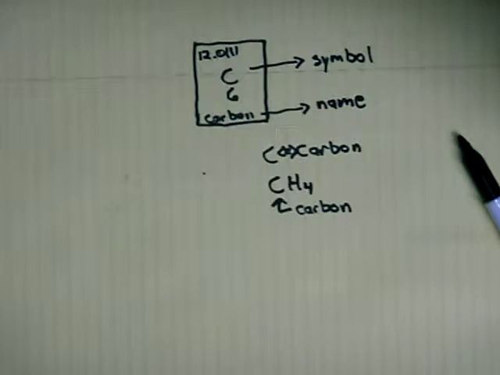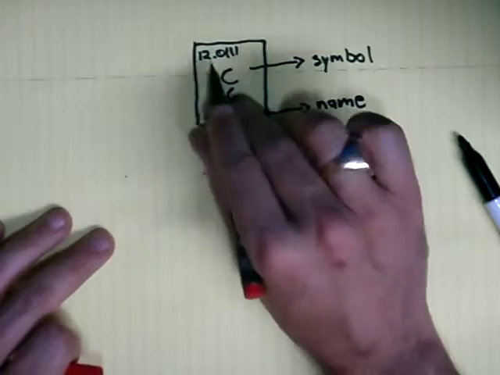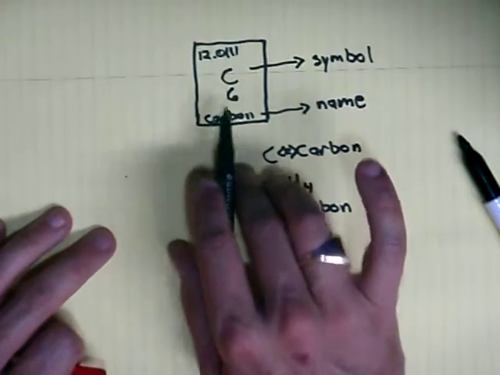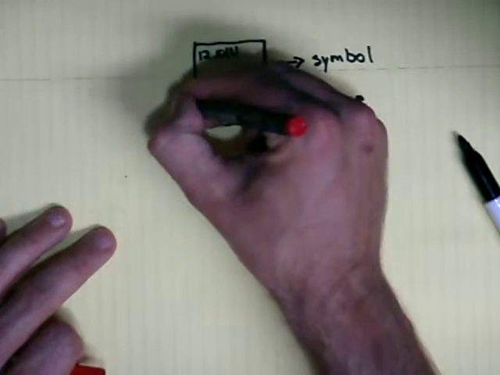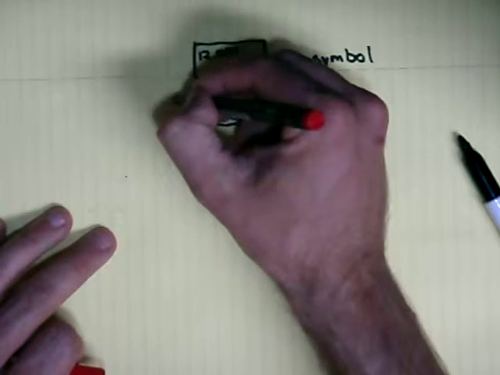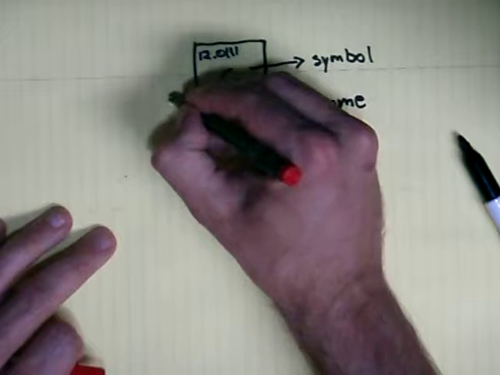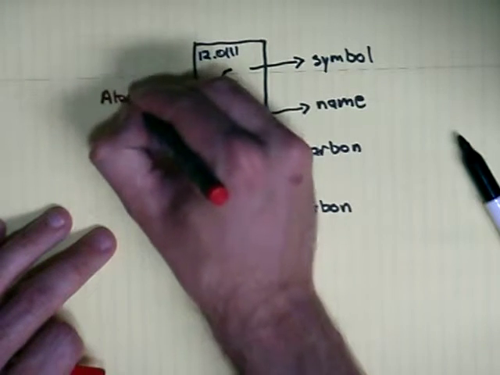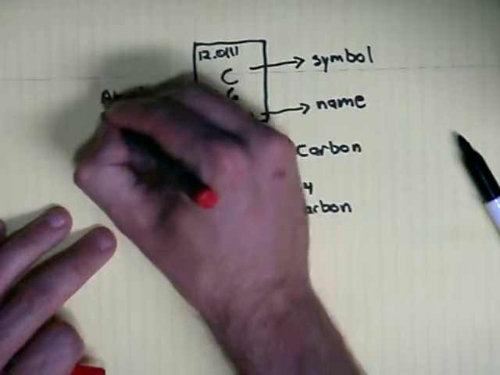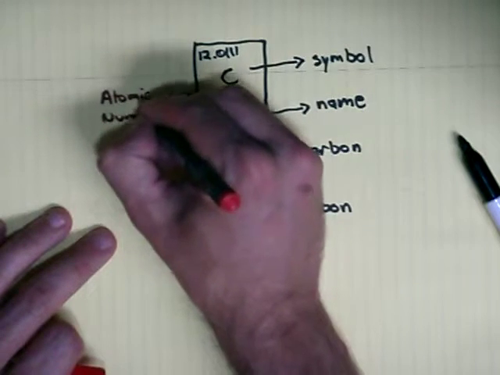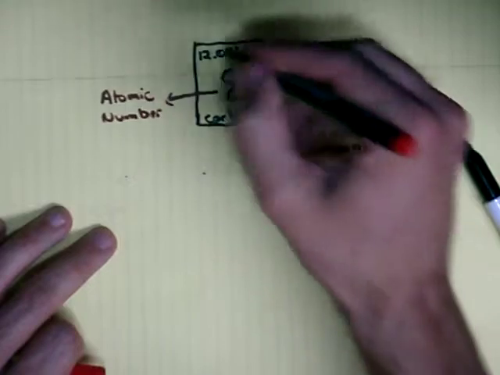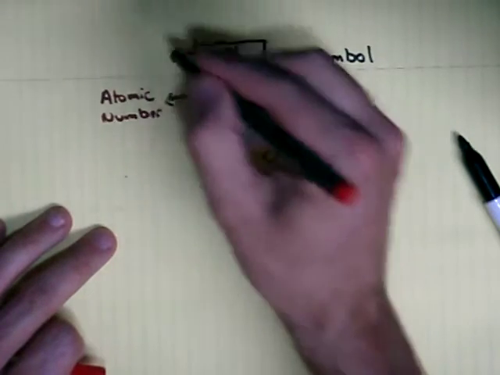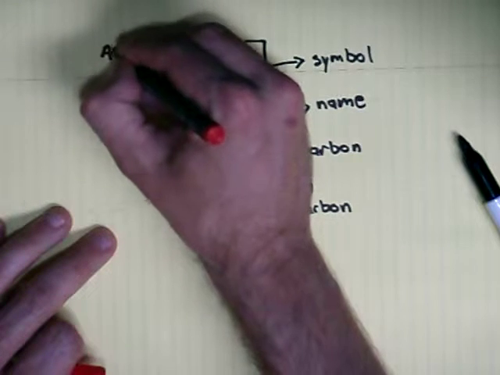The next two things that we can see from this: we've got this number in the top left, and then this other number right below it. The lower number, which is also always going to be the smaller number, is the atomic number. This top number, which is always going to be bigger, is the atomic mass.